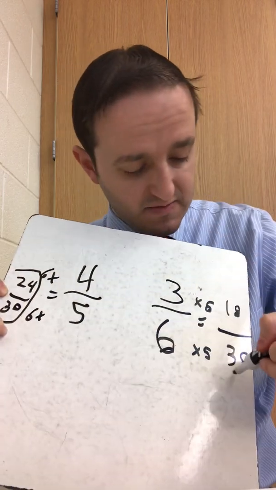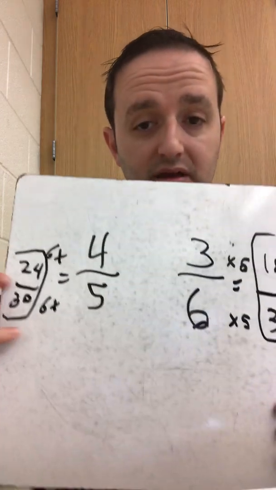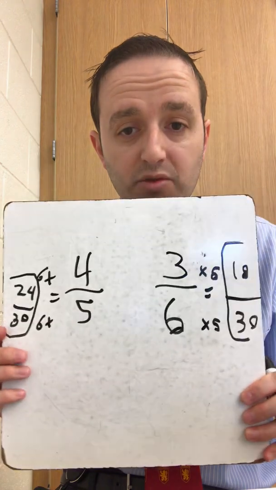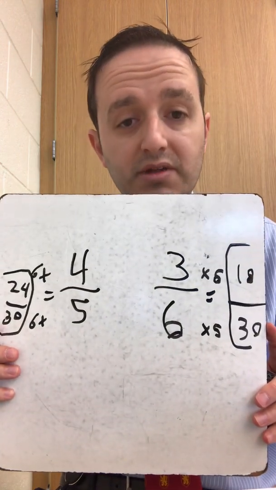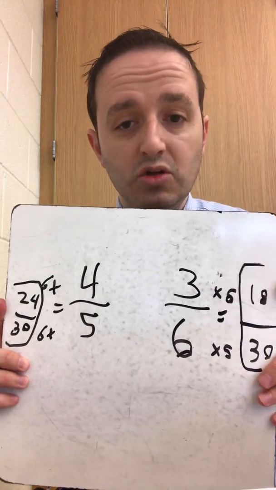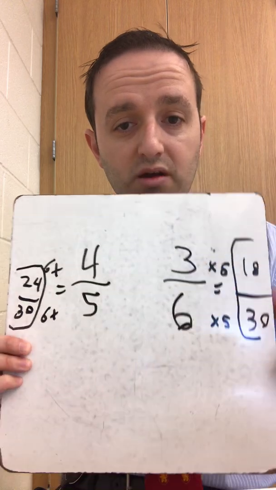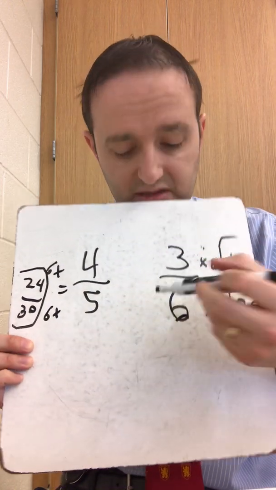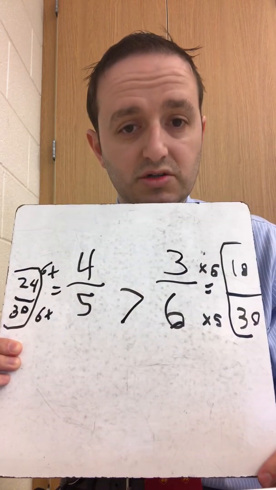Now we have fractions with a common denominator. They both have 30, and if they have a common denominator, we just look at the numerators. Which is larger? Well, 24 is larger than 18. So 4/5 is larger than 3/6.